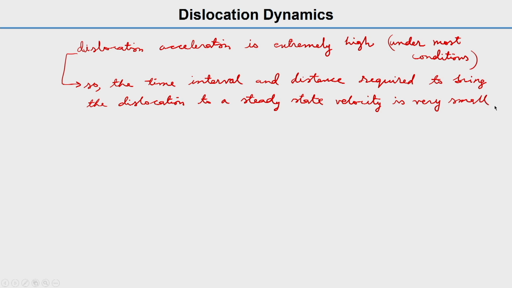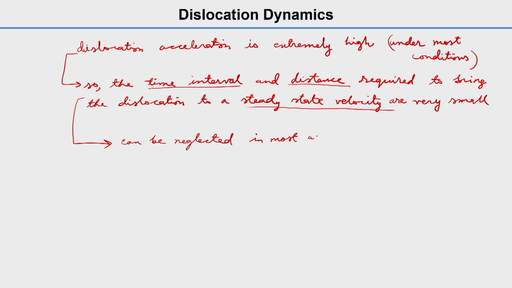So because the acceleration is very high, mostly these time required and distance can be neglected in most applications. Not all applications, but most applications.